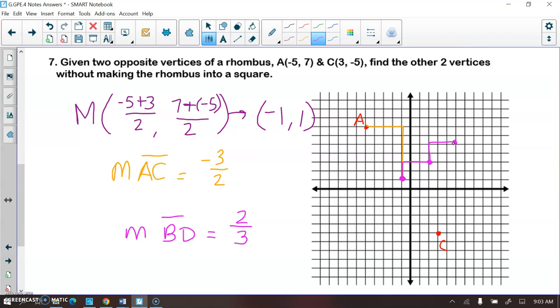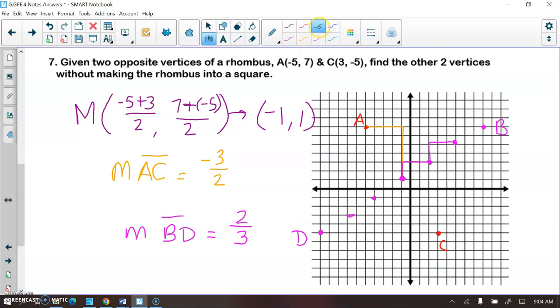I'm going to go up 2 and over 3 again. And let's try that. Now I'm going to go down 2 and over negative 3, again and again, and let's put point D here.